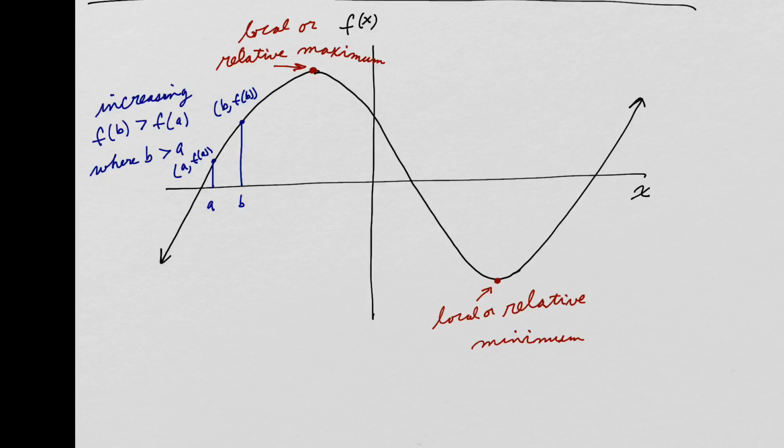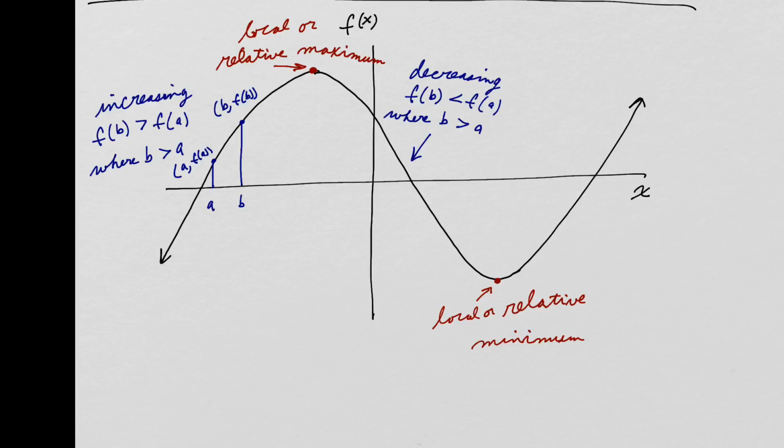Okay, here would be decreasing. And what's going on here? Well, it's decreasing. And that means f of B is less than f of A, where B is greater than A. Do you guys see that?